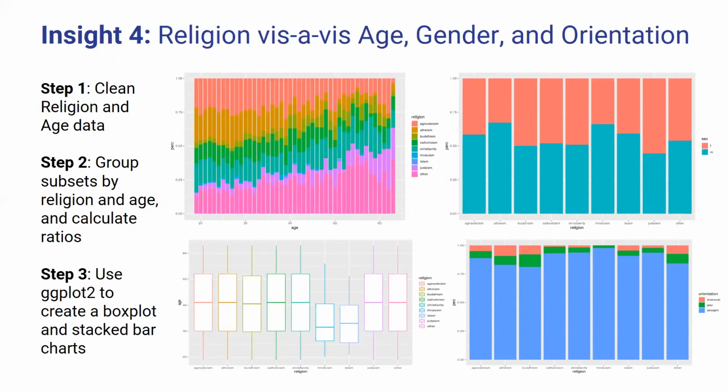We also subset our data by religion and age, and we calculated ratios to generate stacked bars. We also used ggplot2 to create a box plot and stacked bar charts. On these charts, we see the relationship between religion and age, gender, and orientation.